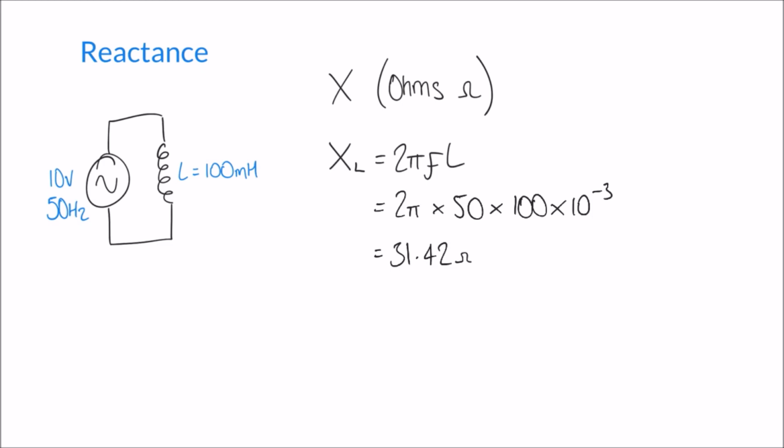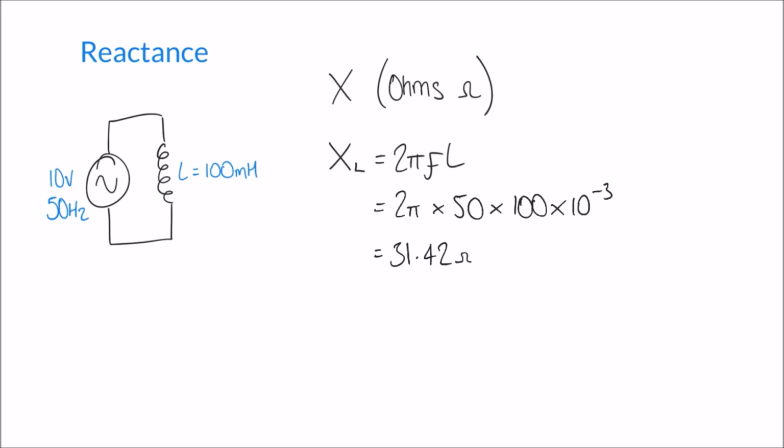Now it's important to realise that although my reactance is measured in ohms, reactance is not the same thing as resistance. They both have the same effect of limiting current, but they're not quite the same thing. In our next video on impedance, we're going to look at the two different types, resistance and reactance, and how they can be combined together.